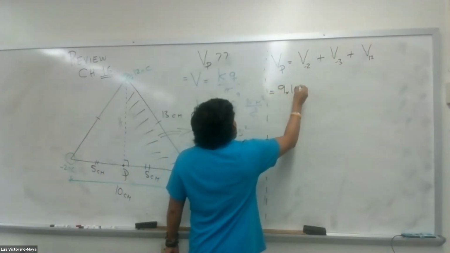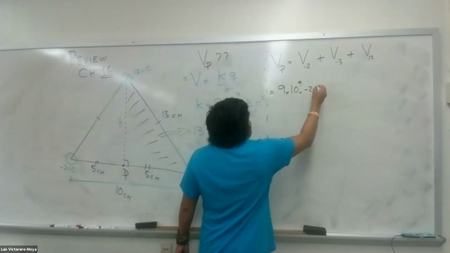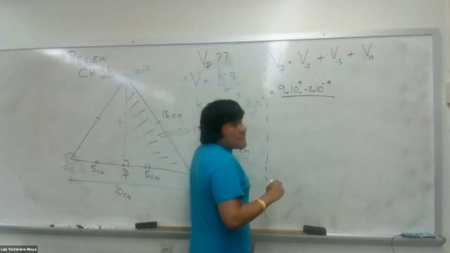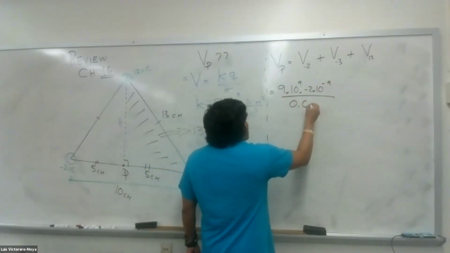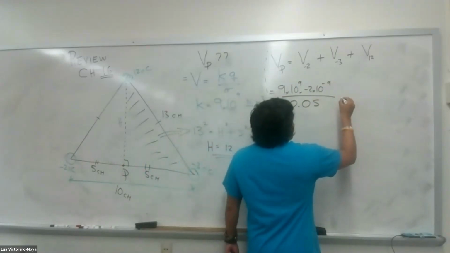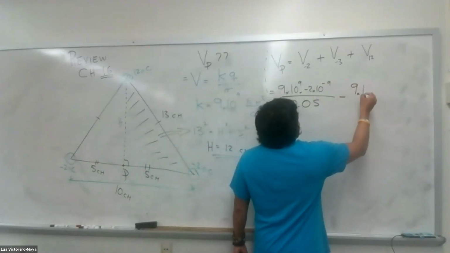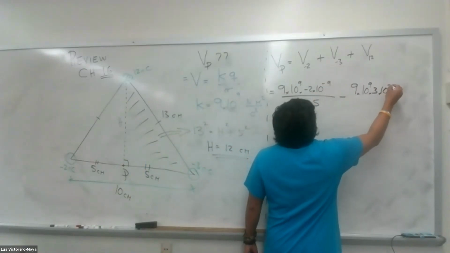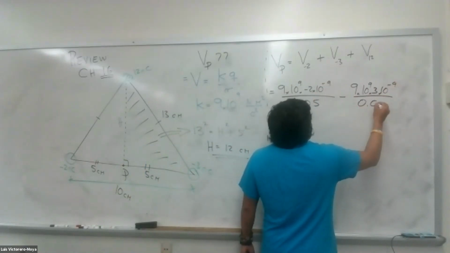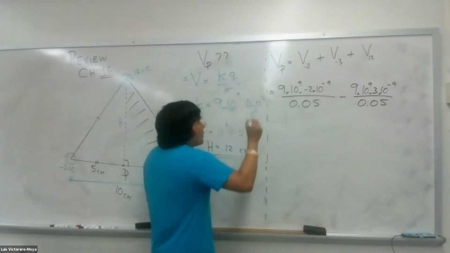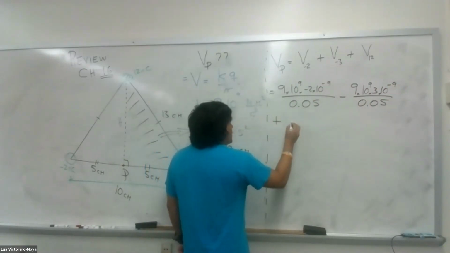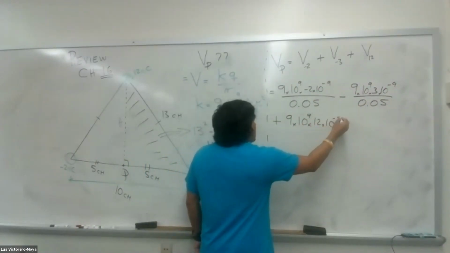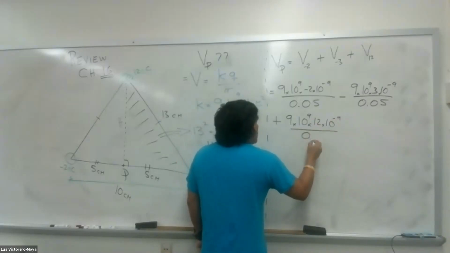Nine times 10 to the 9, minus 2 times 10 to the negative 9 divided by, what's the distance between 2 and P? 5 centimeters, 0.05 meters, minus 9 times 10 to the 9, because of -3 there, right? That's why it's minus there. This divided by the same distance, 0.05 meters. With 12 it will be positive, because 12 is positive. 9 times 10 to the 9, 12 times 10 to the negative 9, divided by 0.12.